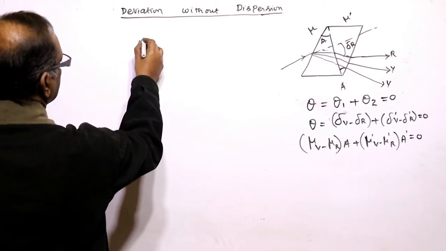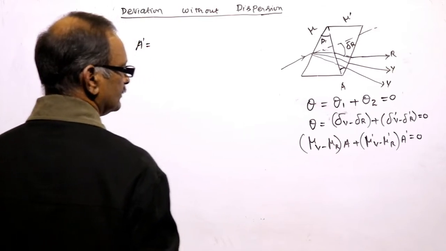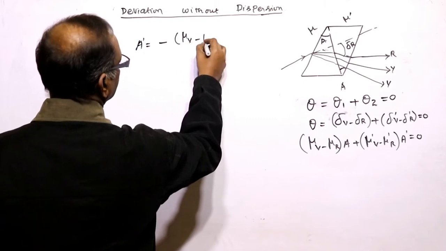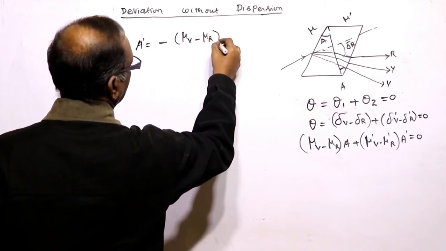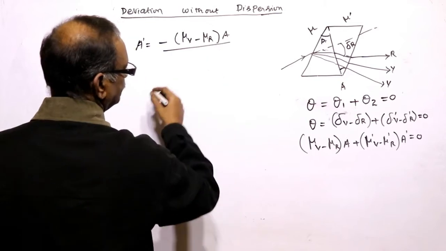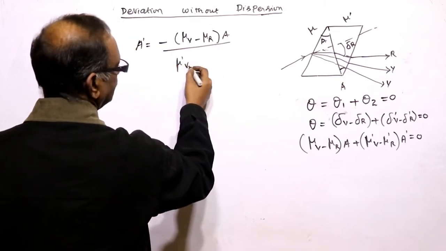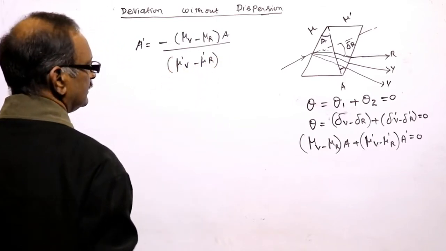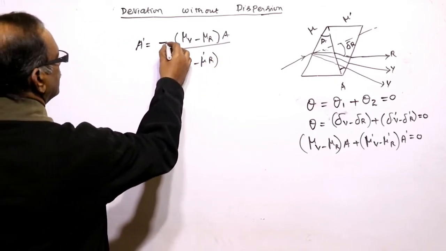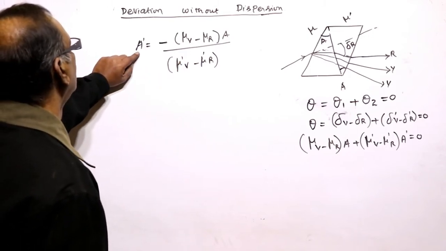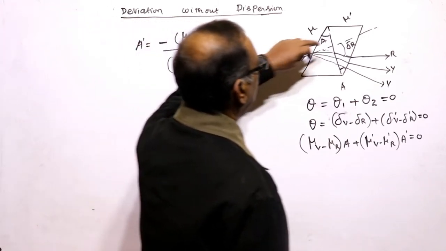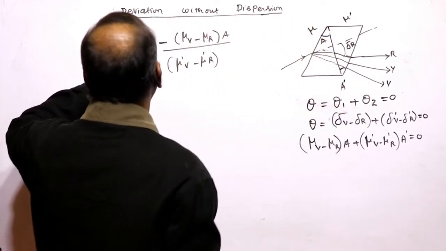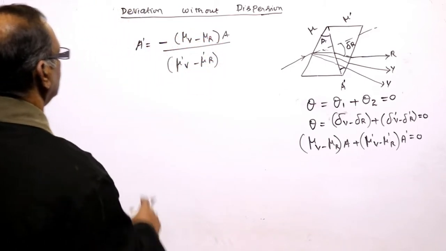A dash is equal to, taking this to the other side, minus mu V minus mu R into A divided by mu dash V minus mu dash R. This is the calculation for the angle of prism for the second one, A dash, which is given in terms of the refractive index.